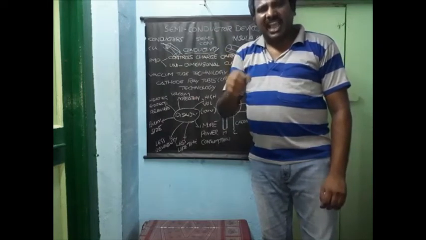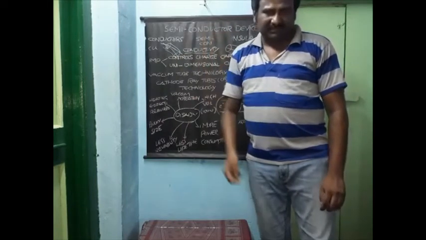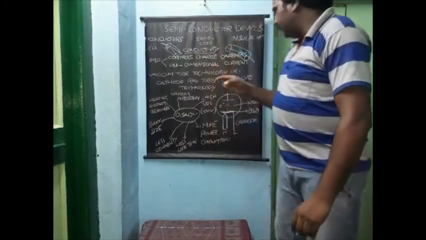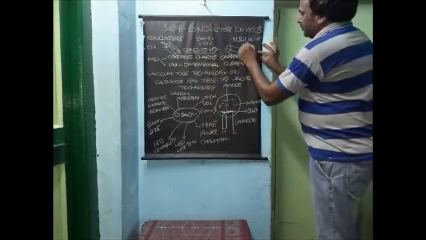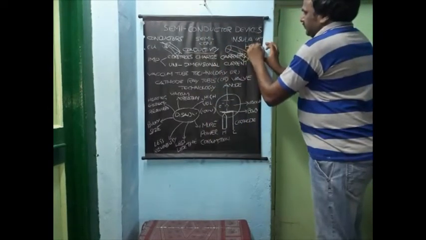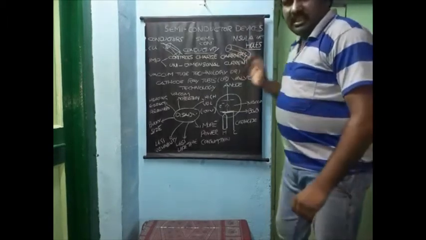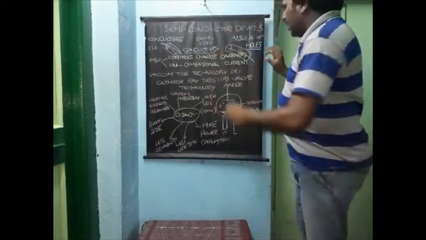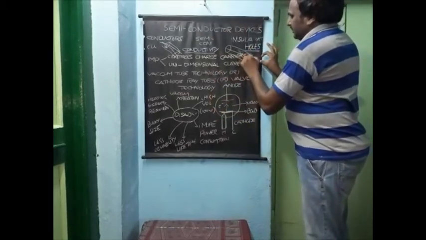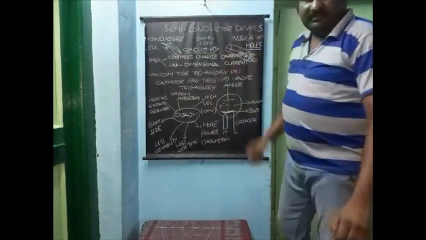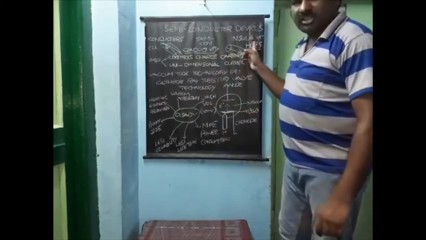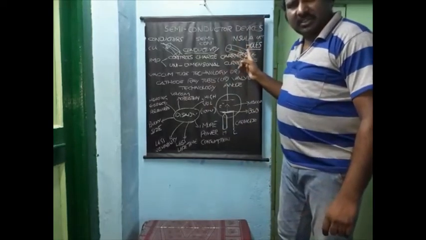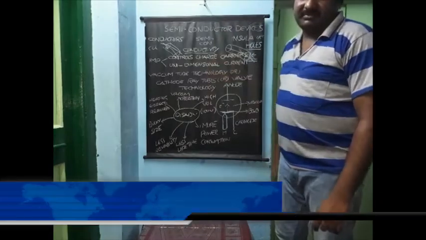Any particles which have positive charge, we should call them holes, and the particles which have negative charge are called electrons. So holes have positive charge and electrons have negative charge.